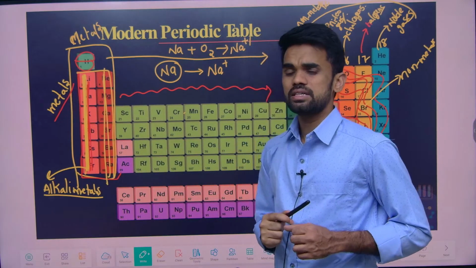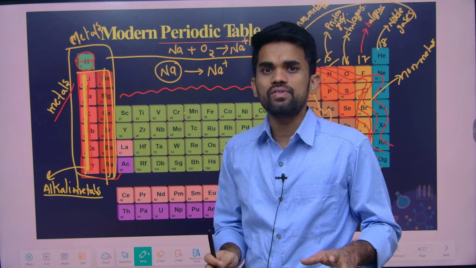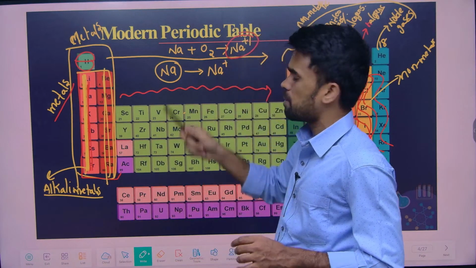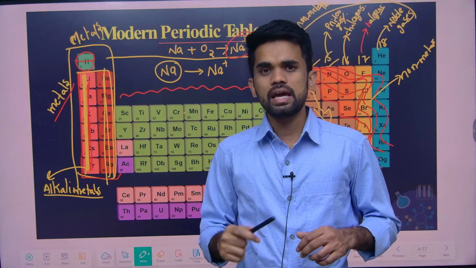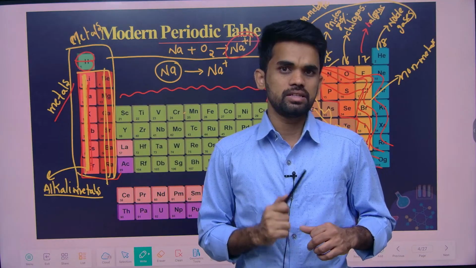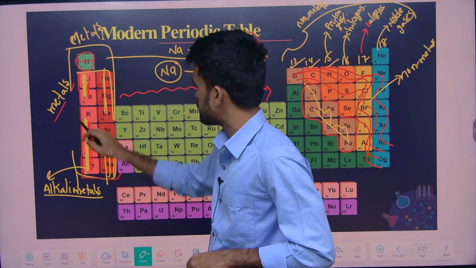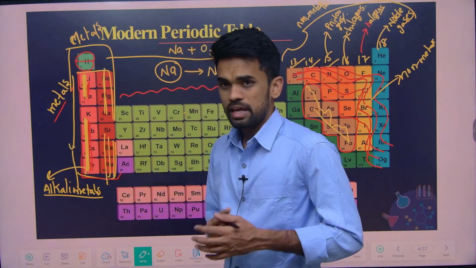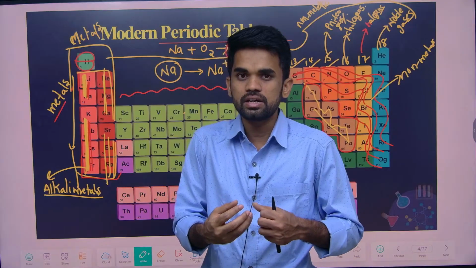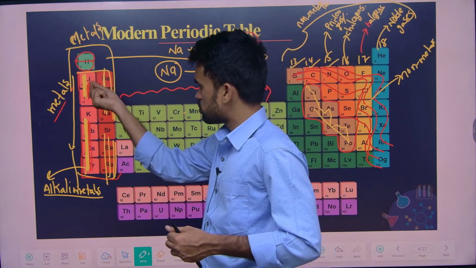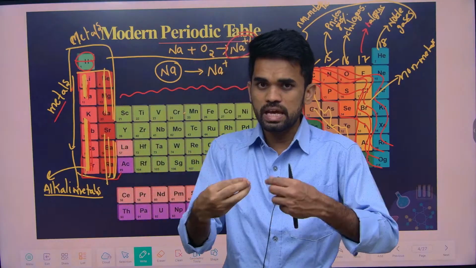All these elements, whenever they combine with other things, want to be in unipositive charges like Na+, Li+, K+, Rb+. Now, if we move down the group, the ability to lose the electron is more.